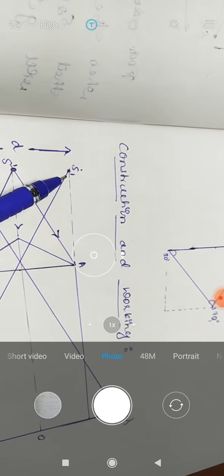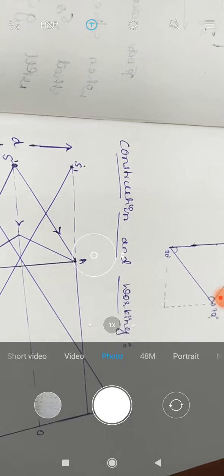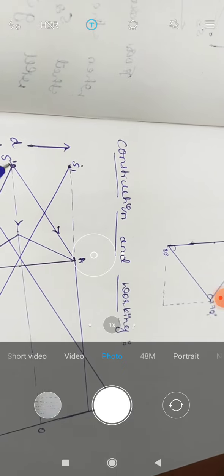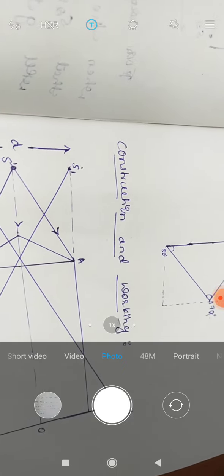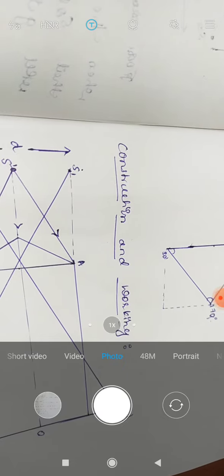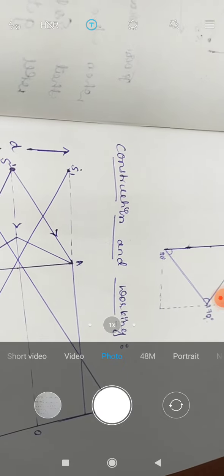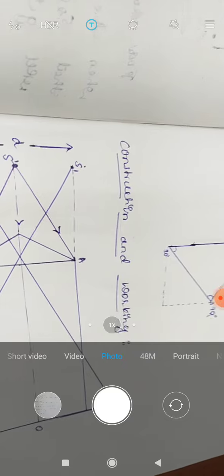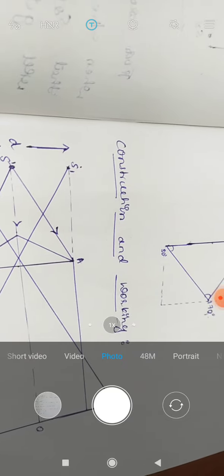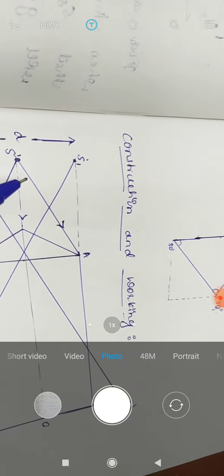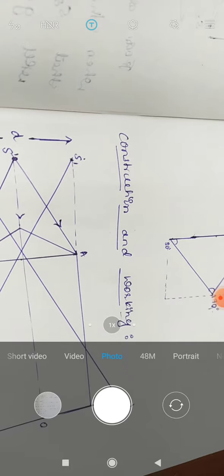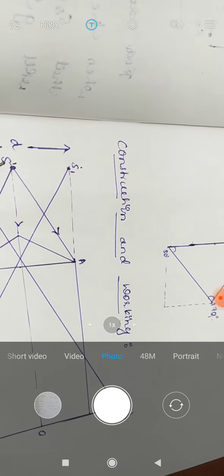The other component is refracted through the lower portion and appears to come from S2. This S1 and S2 act as two virtual coherent sources formed from the original source S.